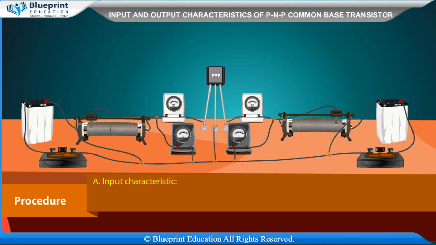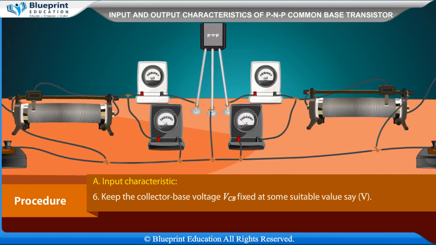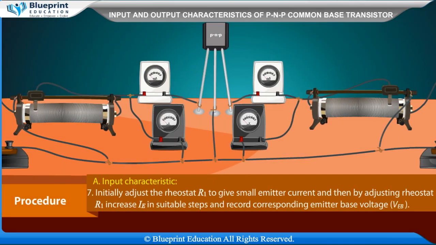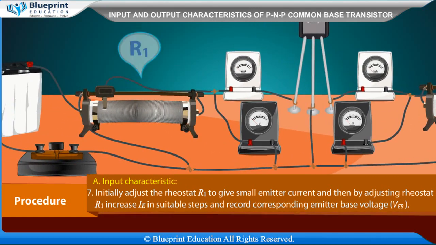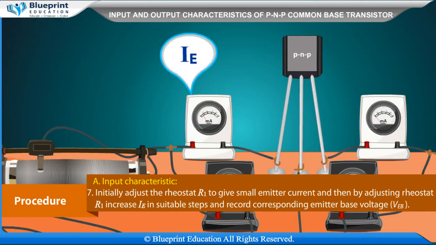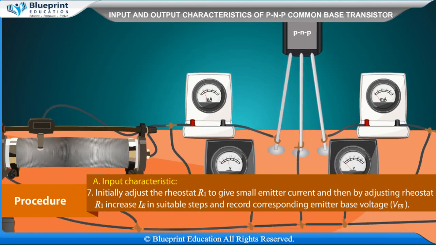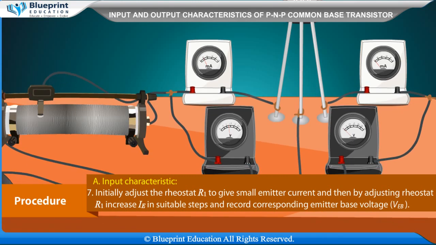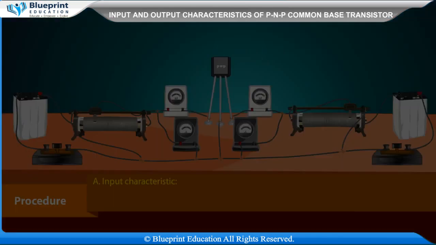Input characteristic: keep the collector base voltage VCB fixed at some suitable value, say -2 volt. Initially, adjust the rheostat R1 to give small emitter current and then by adjusting rheostat R1 increase IE in suitable steps and record corresponding emitter base voltage VEB.